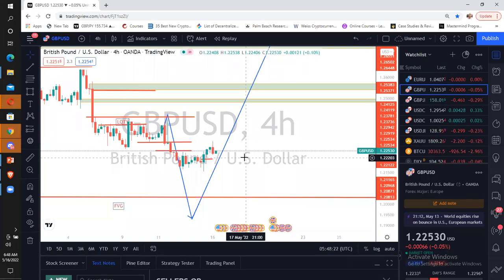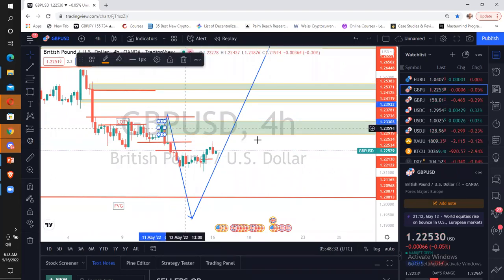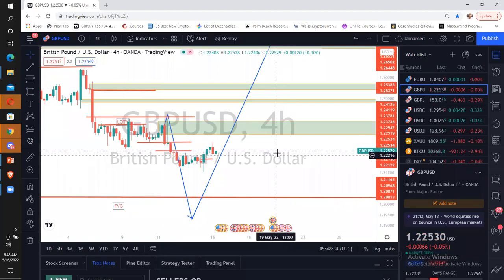So as it's going up now, it's going to hit the order block up. There's an order block up. Once it hits that order block, it will come down, close the gap.